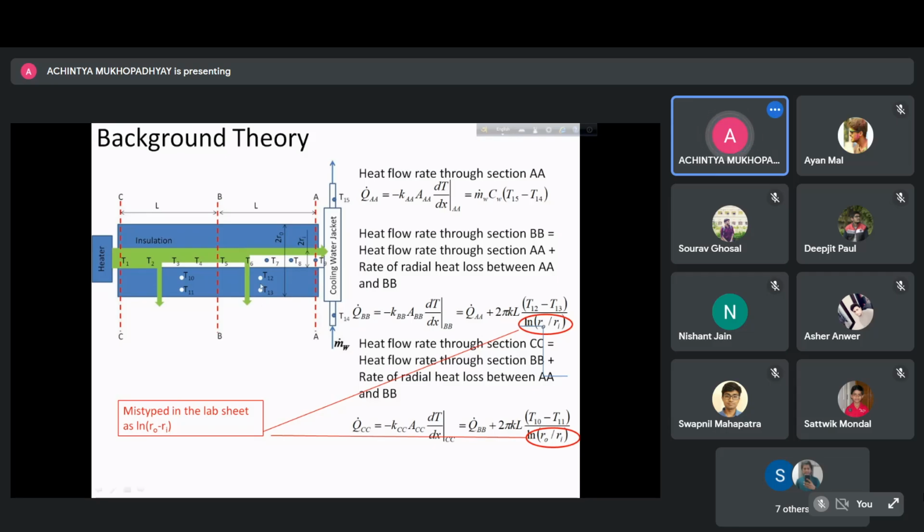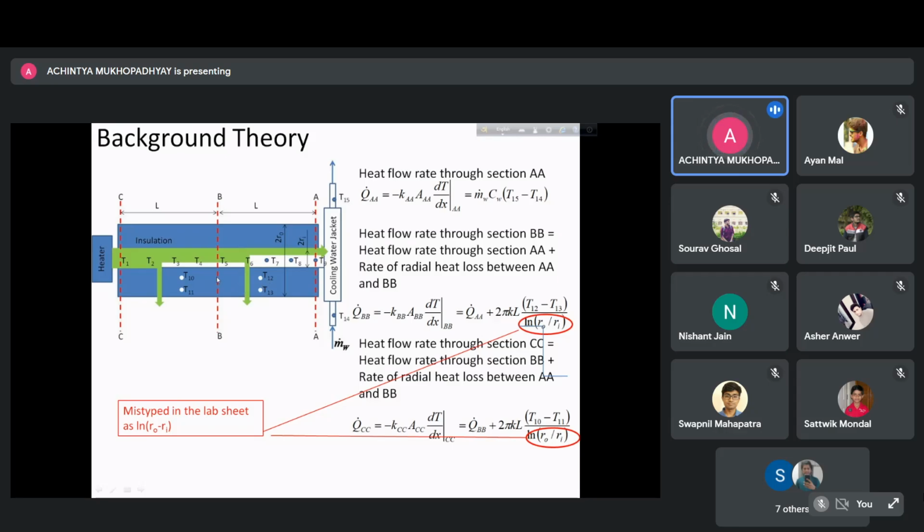Okay, so here we are assuming that there is negligible axial variation in the temperature between sections AA and BB, but there is some radial variation.